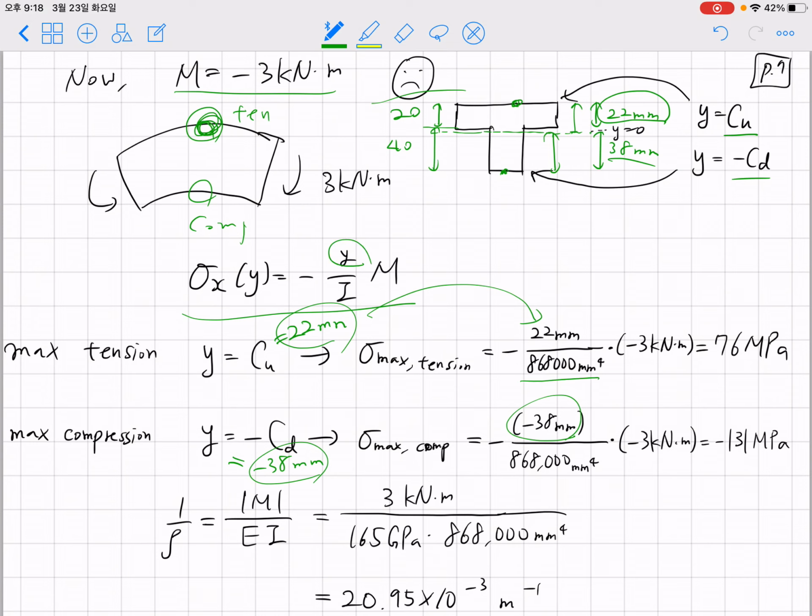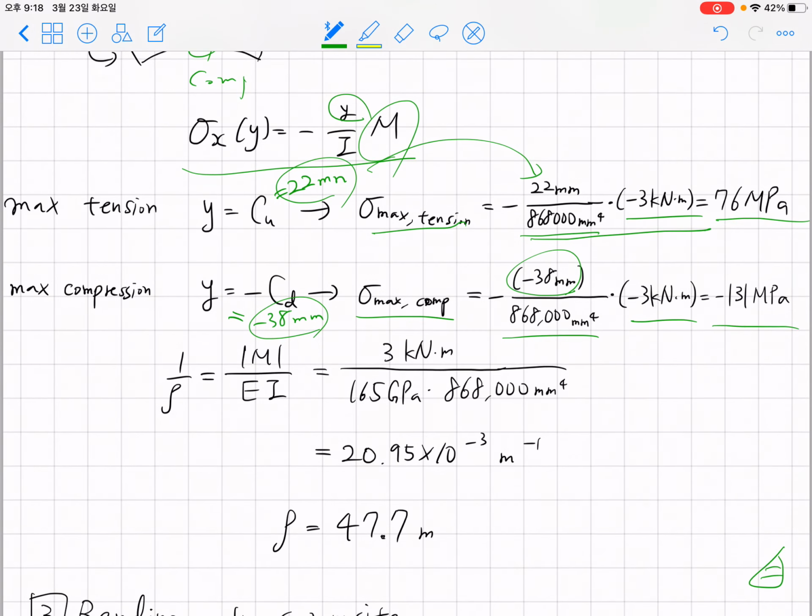We plug in the value of I, and then also the value of the applied moment M, which is minus 3 kilonewton meter. After plugging in numbers, we get maximum tension of 76 megapascal, and maximum compression of 131 megapascal. Having obtained these values, we can answer the first question.